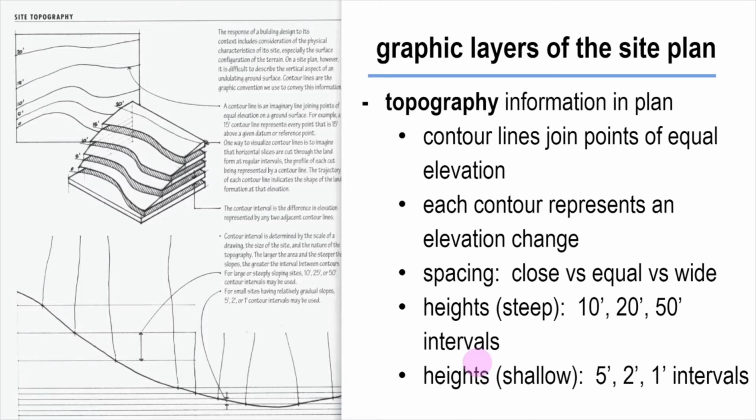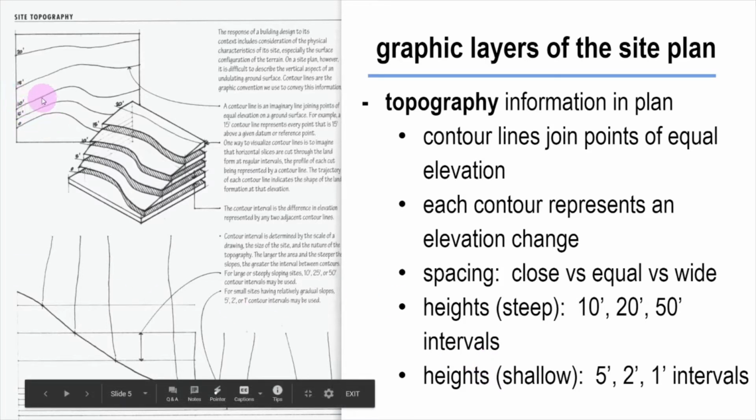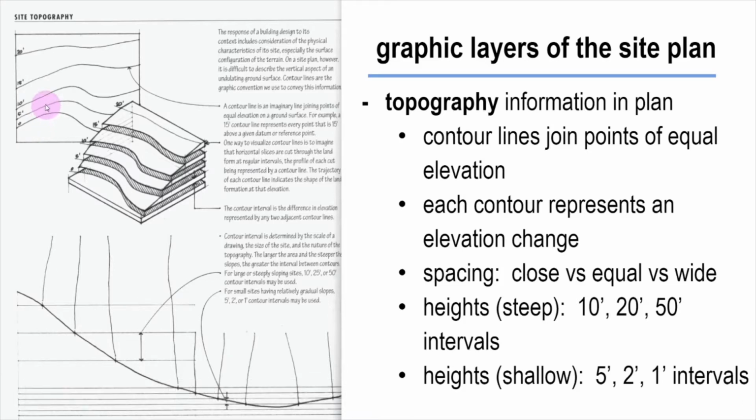Each one of those contour lines on your drawing represents a difference in that height change. If those contour lines are closer together, it means you have a steep area, or if they're further apart, it means you're going to have a little bit more of a gradual one.